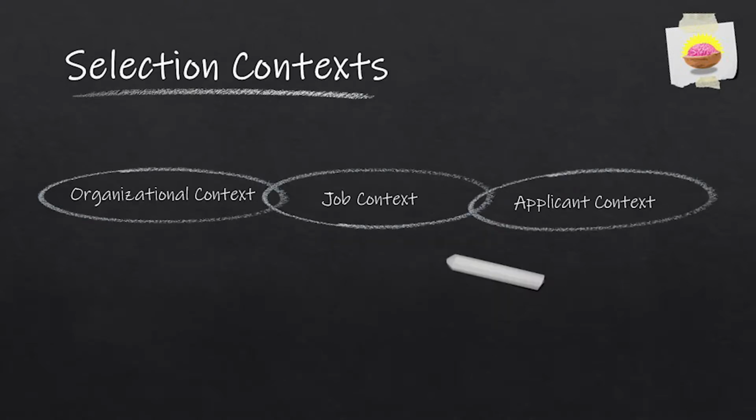Now, as has been the case in many of our videos so far, there are certain contexts that we need to take into account when hiring. We're going to look at the organizational context of selection, the job context, and the applicant context.